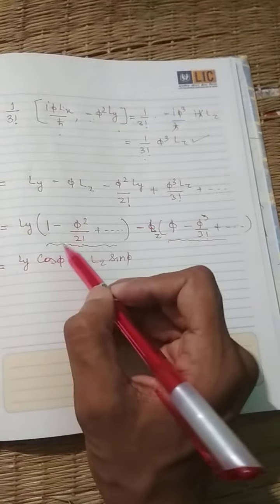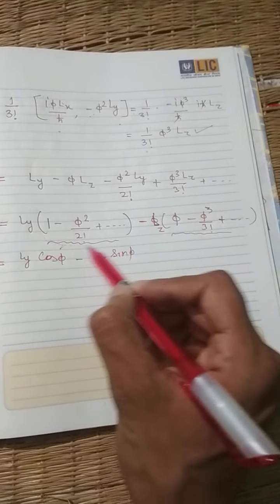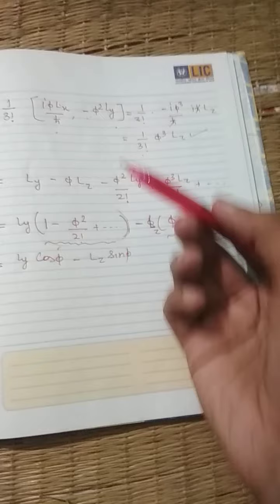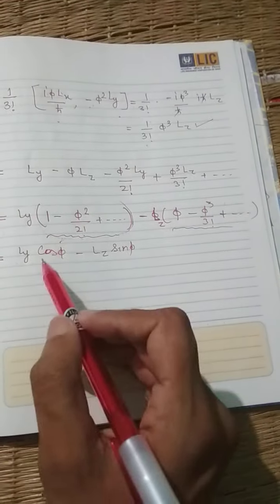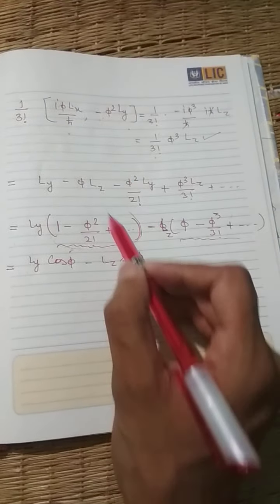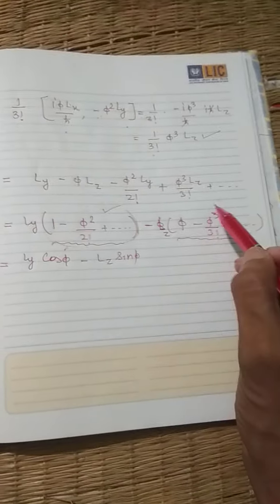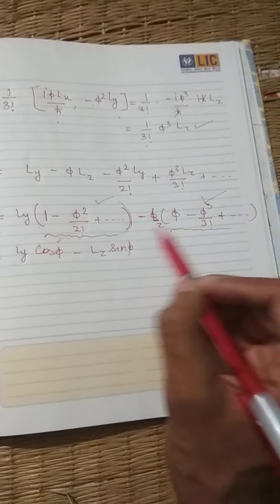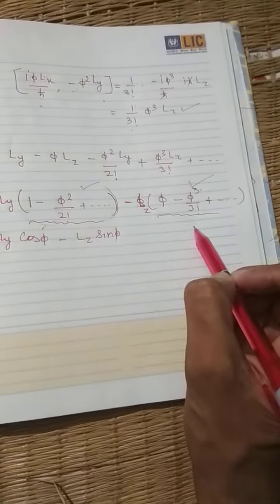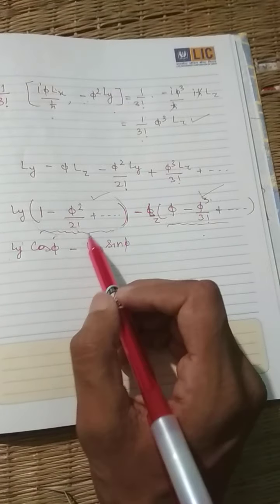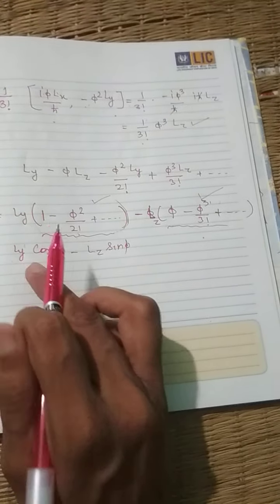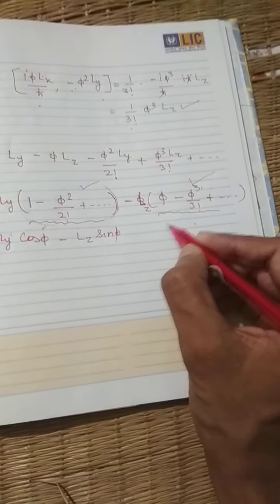If we do more steps, we will find this will be a cosine series, and this will be a sine series. That means Ly cos alpha minus Lz sin alpha.